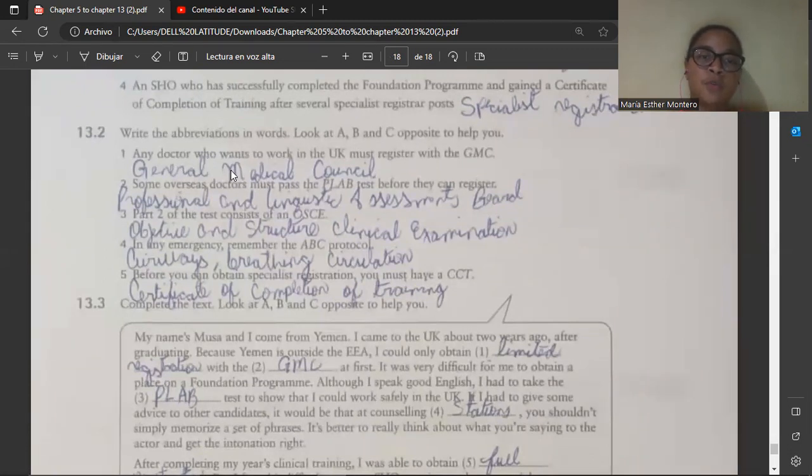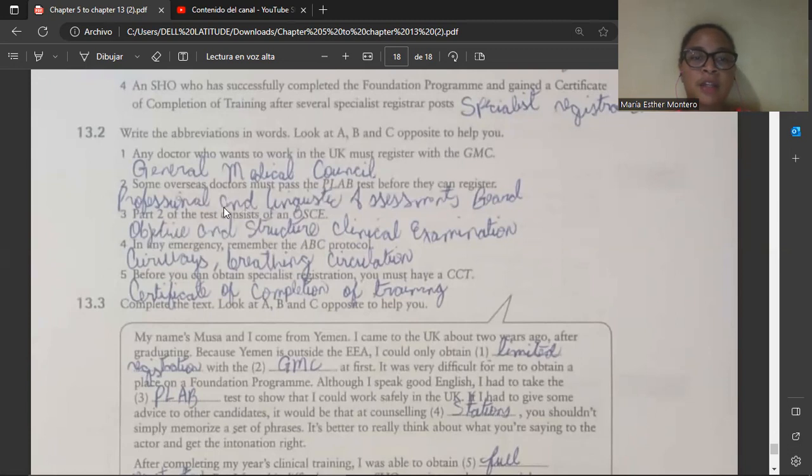Any doctor who wants to work in the UK must register with the GMC, General Medical Council. Some overseas doctors must pass the PLAB test before they can register: Professional and Linguistic Assessment Board.